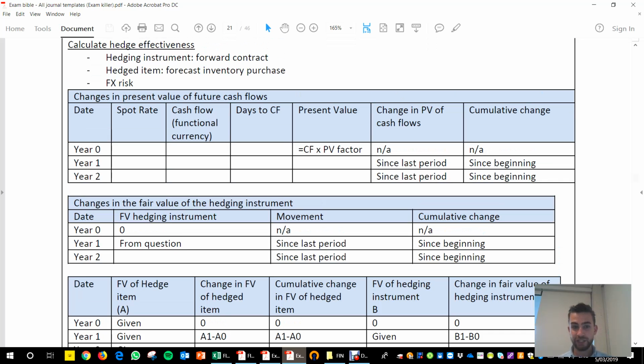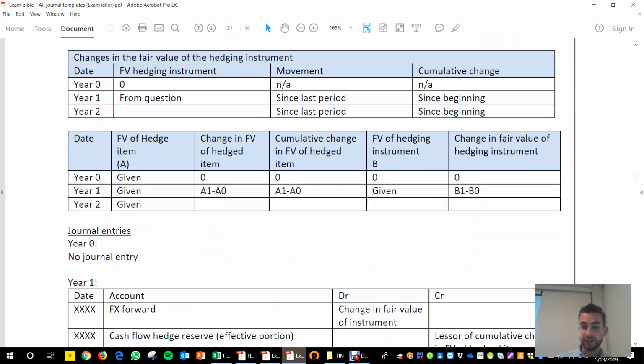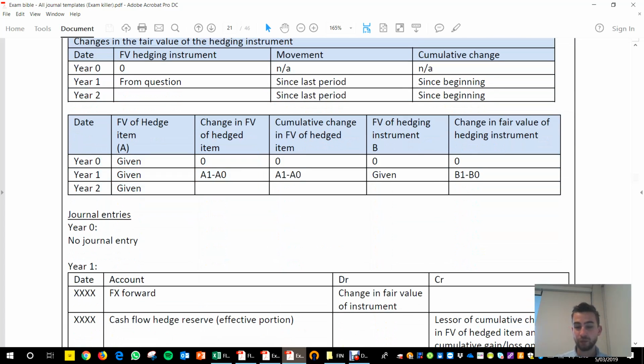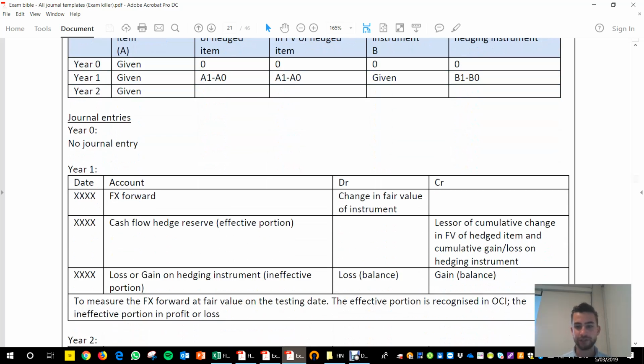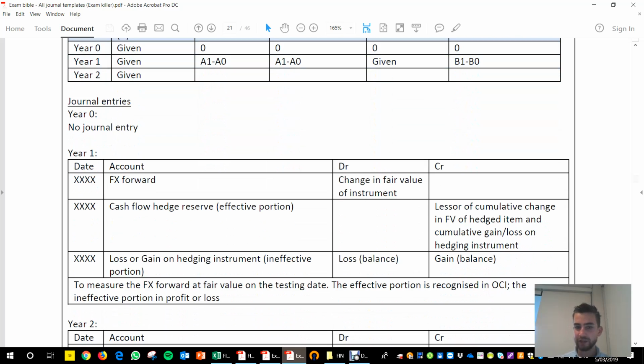Hopefully the question is going to tell you what this is, so you don't have to recalculate it yourself. Now just follow these tables in the exam, and we'll go through some exam questions later where we're actually going to use this. But for now, we're just going to talk about it on a high level, theoretically, how to approach cash flow hedges.